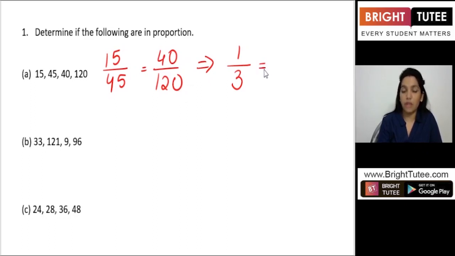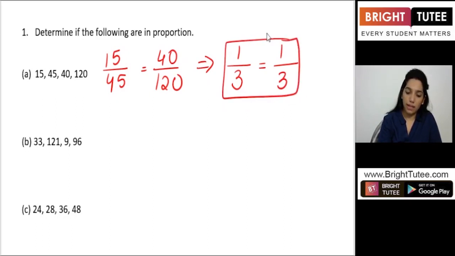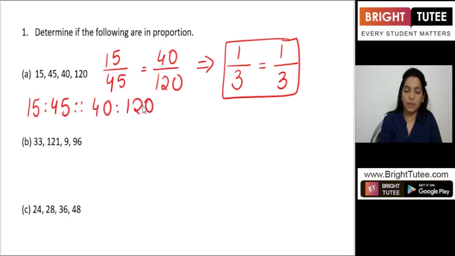They are both in the 40 times table. 40 divided by 40 is 1, and 120 divided by 40 gives 3. Clearly we can see that the ratios are the same. Therefore we can say that the product of extremes is equal to the product of means, and thus 15 is to 45 as 40 is to 120.